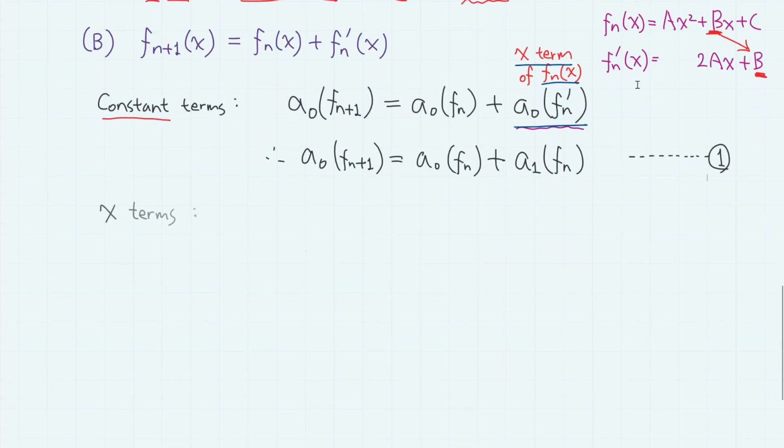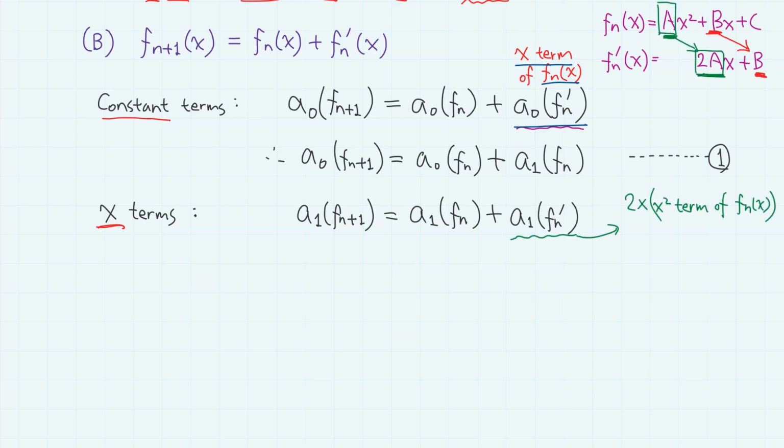Next, let's take a look at x terms. Then we can notice that the x term of f_{n+1}, so a_1 of f_{n+1}, is equal to a_1 of f_n plus a_1 of f_n'. Here, the x term of f_n' is equal to twice the coefficient of the x squared term of f_n.